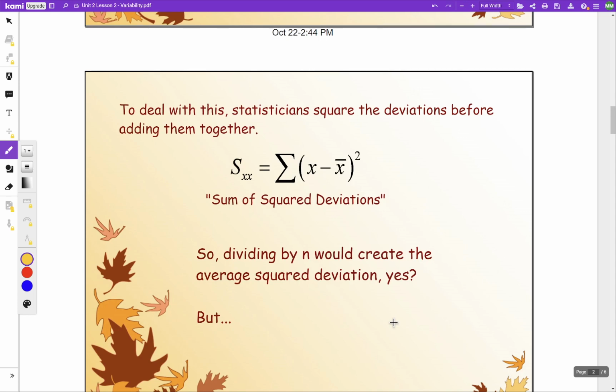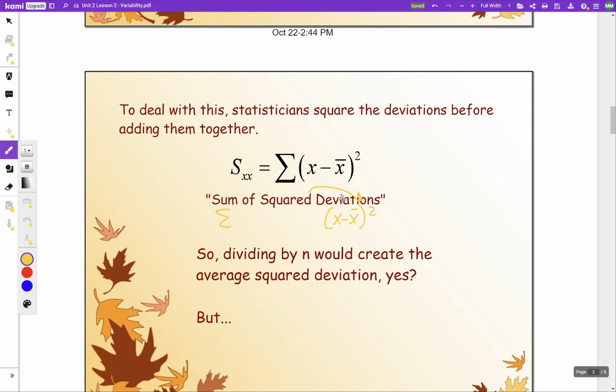So the formula is exactly what the word is, right? So remember, this big sigma, that's sum. Sum of your deviations squared. And you just change the order for grammar, but essentially that's what you have.